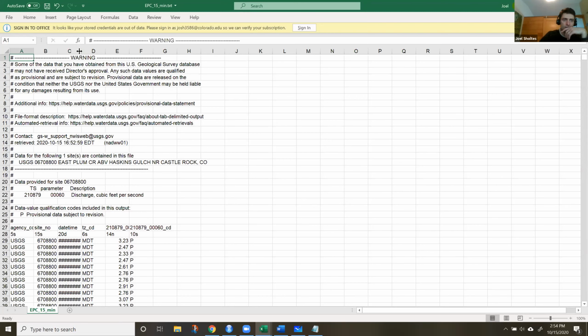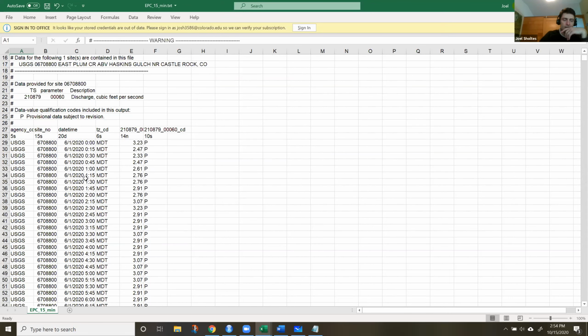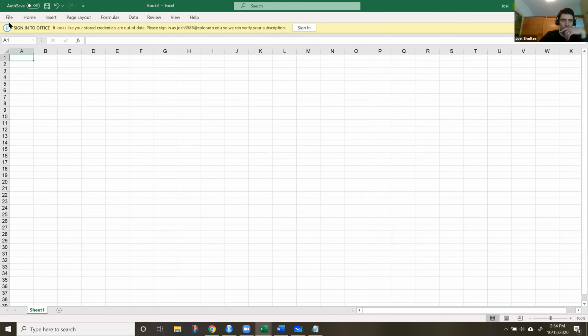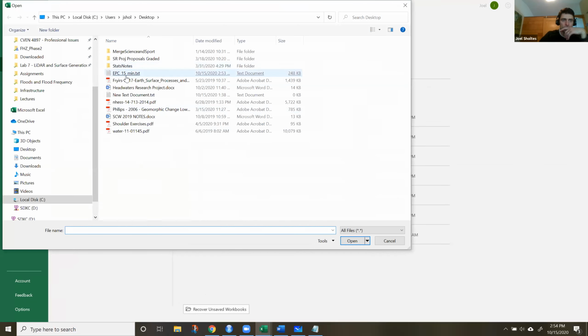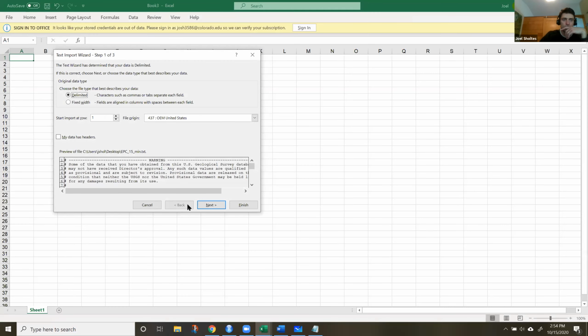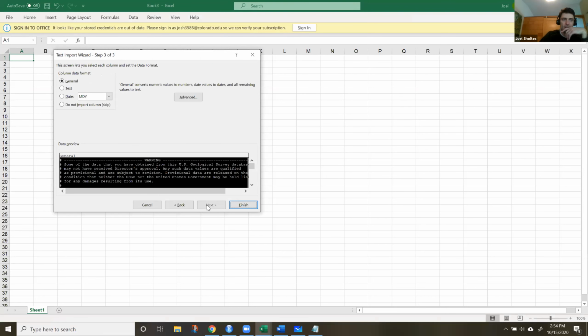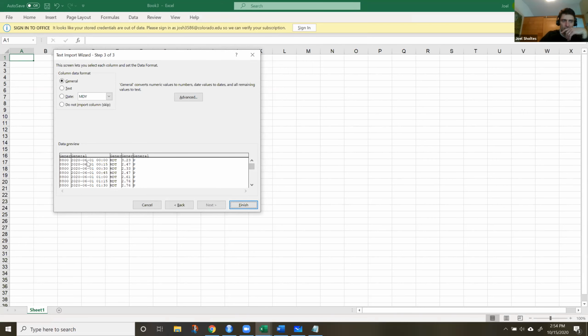What it's done is actually, I'm going to do one more step here. So hang on, guys. One more step. So delimited, tab delimited. Now you can tell it what format you want the data to be in.